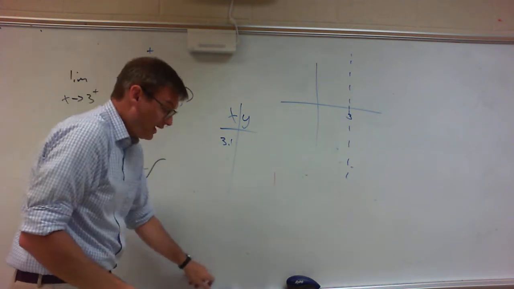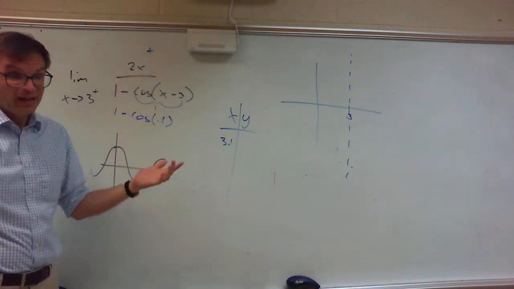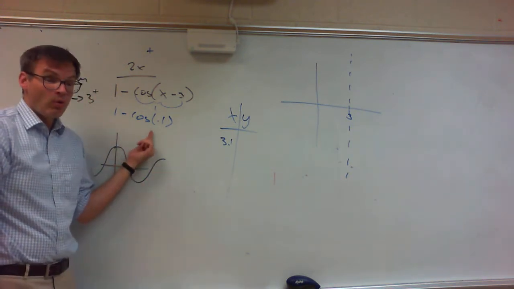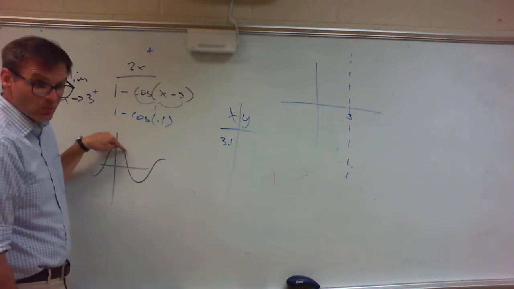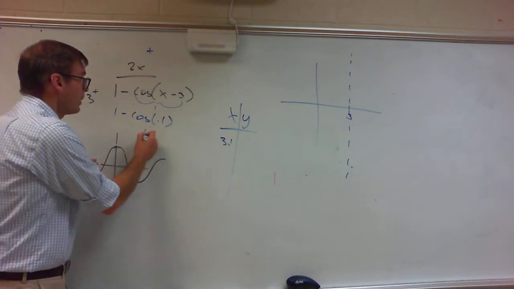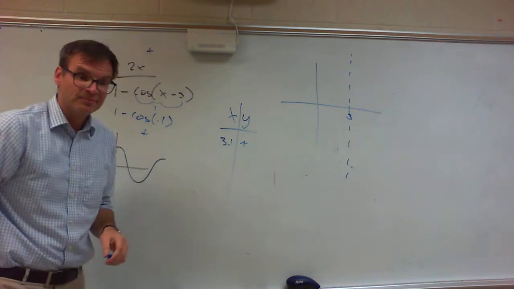What you're going to find out is this is going to be a number less than 1. I don't know exactly what it is, and to be honest, I really don't care. All I know is it's not 1, so it's going to be a little bit less than 1. So 1 minus something smaller than 1 is definitely going to be positive. So I get positive over positive, and that gives me positive.